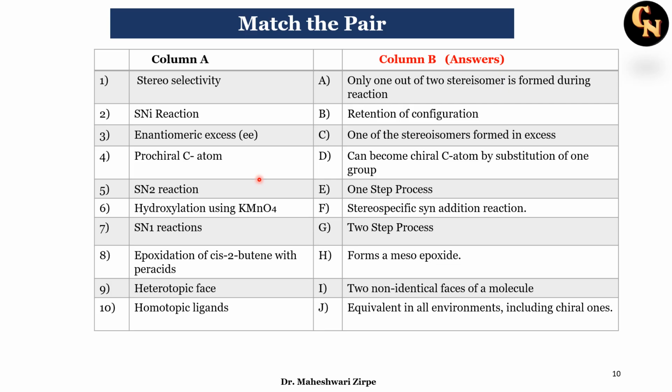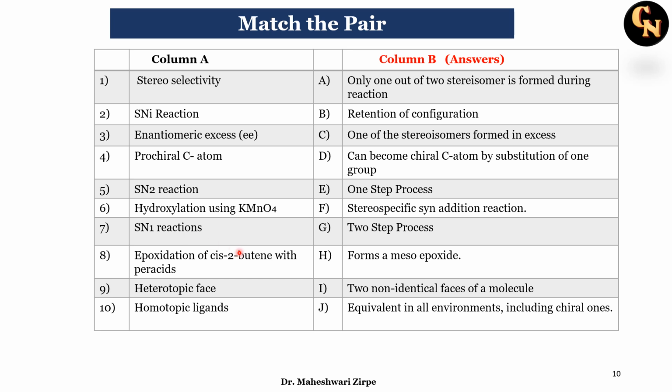Now the next one is hydroxylation using KMnO4. This reaction is stereospecific because when hydroxylation takes place, the hydroxyl groups get added from one side, that is syn addition. That's the reason why we get a stereospecific reaction. Okay, so this is syn addition.